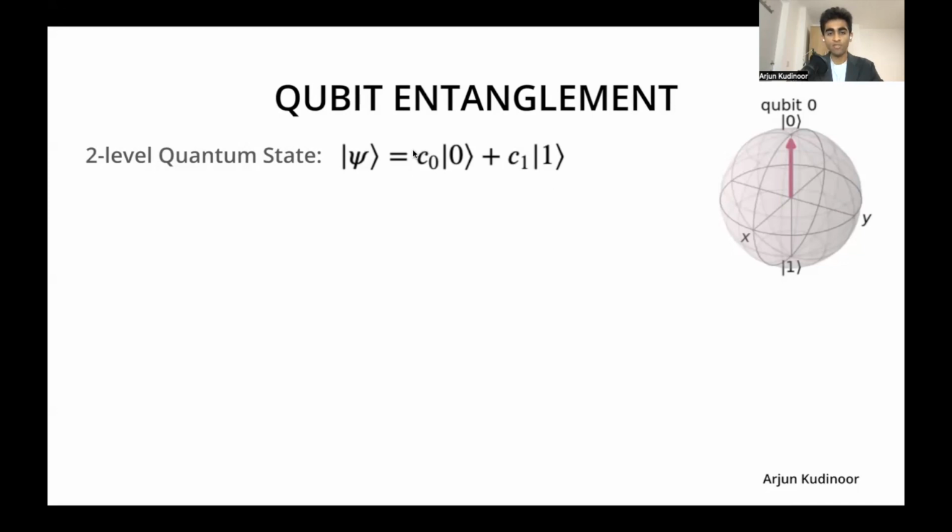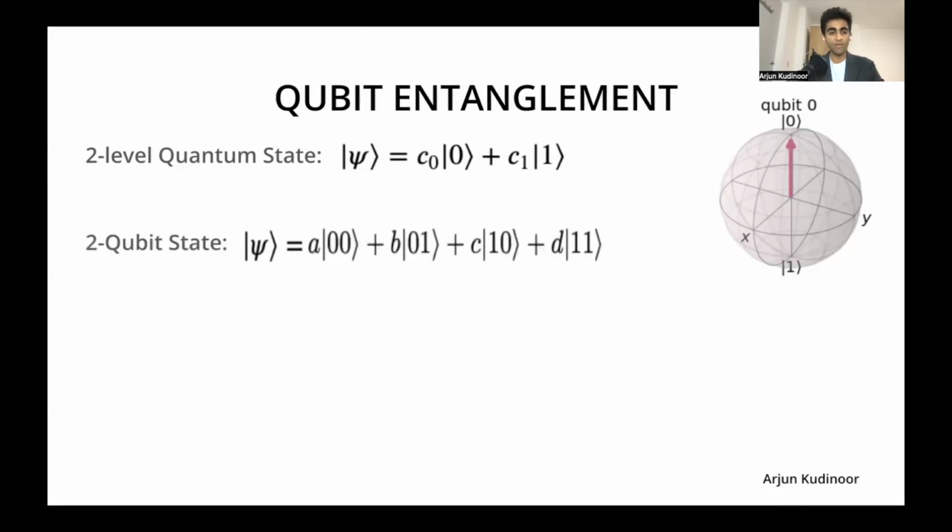Essentially, these coefficients C0 and C1 out in front dictate the probability of measuring this bit to be in the 0 state or the 1 state. So the magnitude squared of C0 is the probability of finding this bit in the 0 state, and the magnitude squared of C1 is the probability of finding this bit in the 1 state. Okay, so that's a single 2-level quantum state.